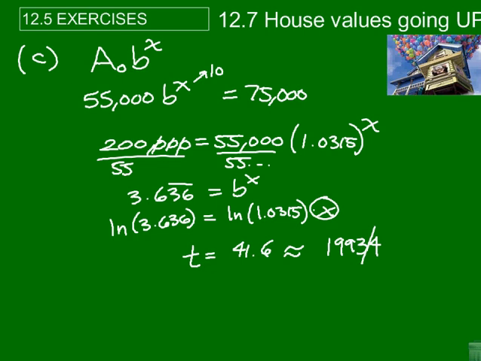I get 3.63 repeating equals b to the x. The b value was 1.0315, so take the natural log of both sides, divide that out, and I get x equals 41.6, which hits my target, which I thought it should, of having an x value equal to something less than 43.